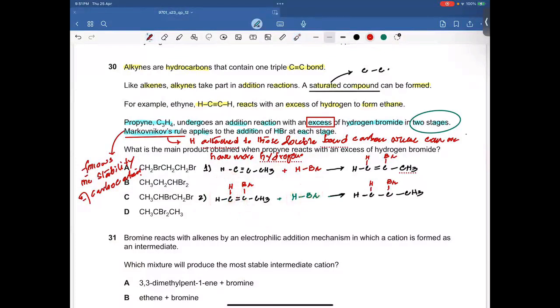Okay, so H is here, Br is here. The example is talking about the main product. That main product follows the Markovnikov rule. So the main product is this. This is the main product, guys.